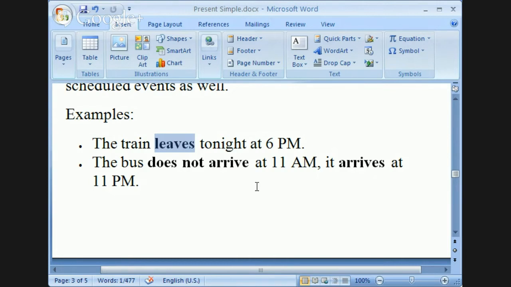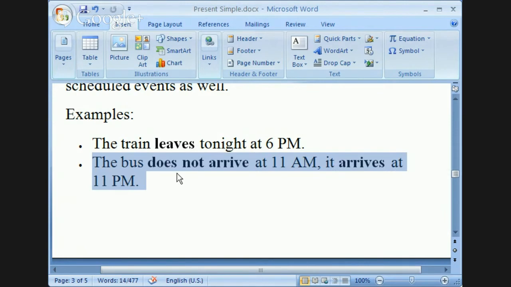And that sort of means that it's a plan. But you will also often hear present simple. So a scheduled event, usually it's in the near future. And very often it has to do with transportation.